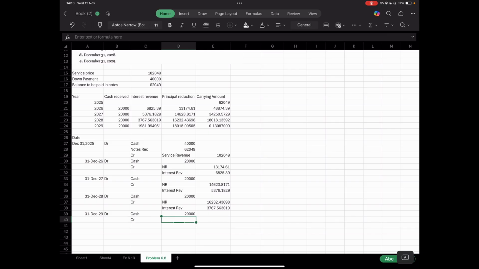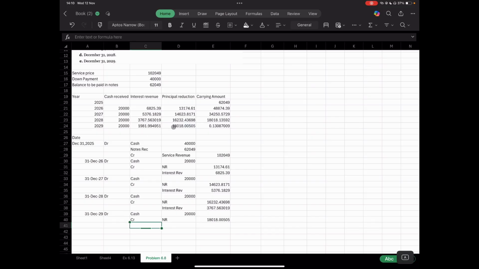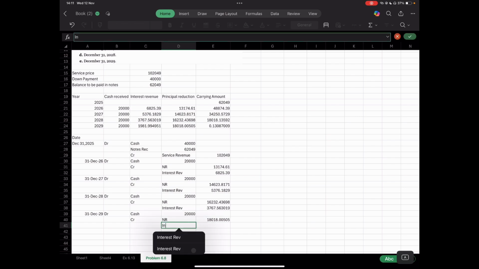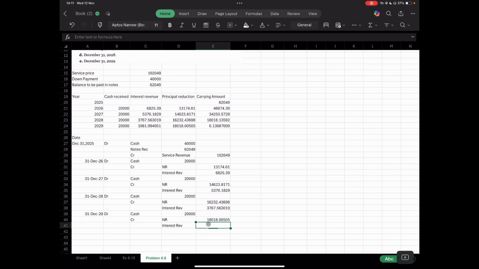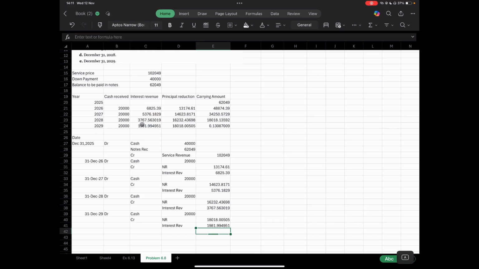Credit notes receivable, and our interest revenue is 9,981.